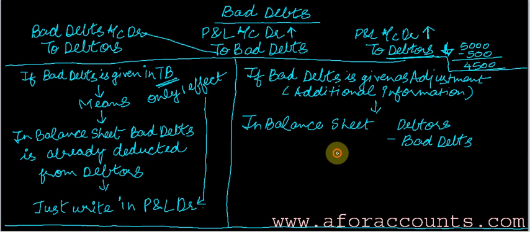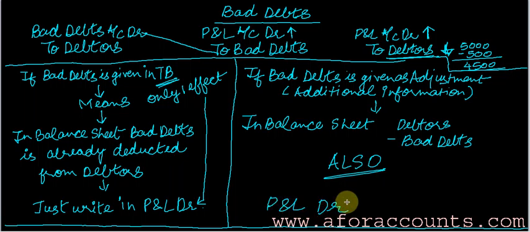And you will also write it in P&L debit. Here what were you doing? If it was given in the trial balance, you would just write it in P&L debit. But if it is given in additional information, then the entry has not been passed yet, so it will have a dual effect now.